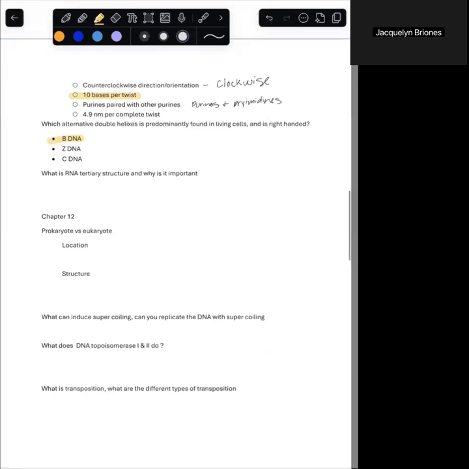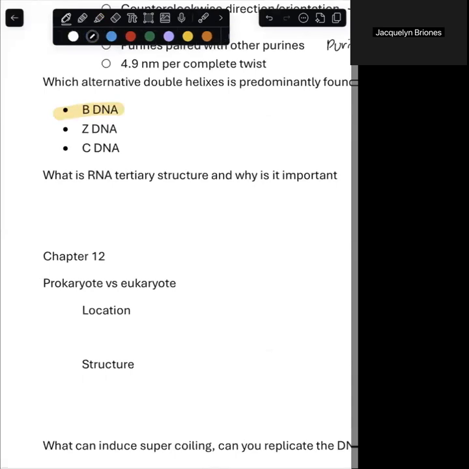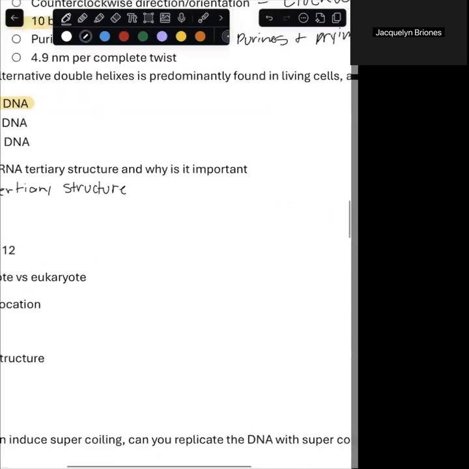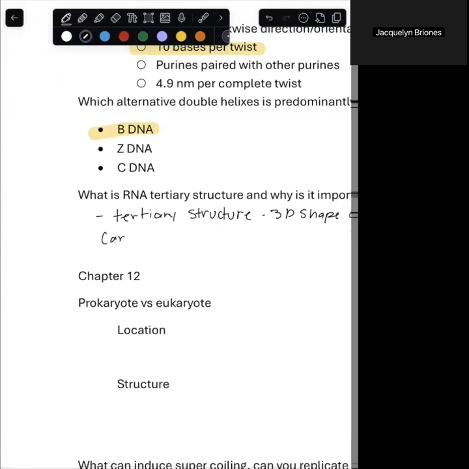So what is RNA's tertiary structure and why is it important? So tertiary structure is the 3D shape. Okay, and why is this important? They carry amino acids at the 3' end for translation, and so let me write that first.